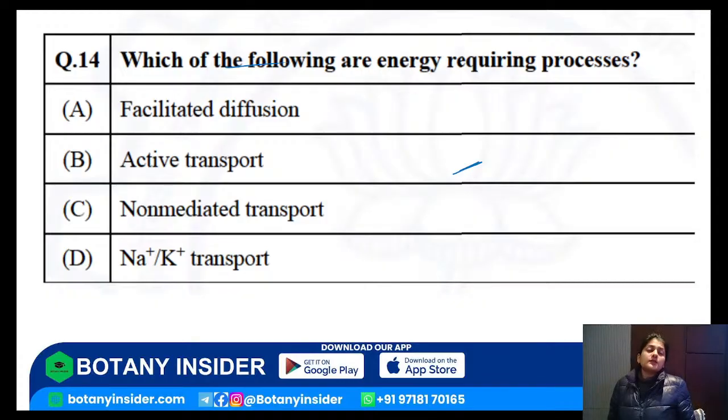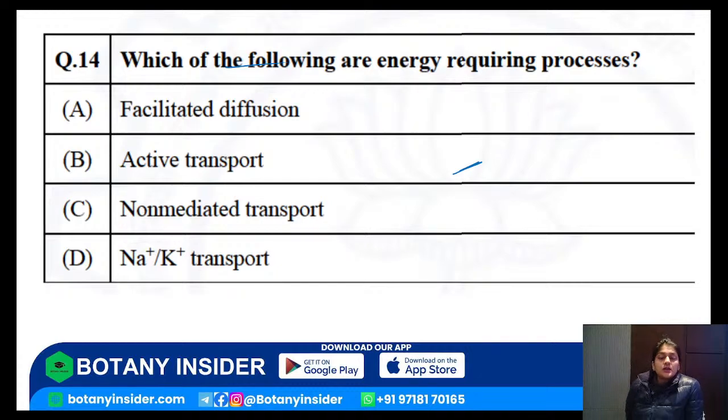Next question, which of the following are energy requiring processes? So it is a multiple select question. Sodium potassium transport, non-mediated transport, active transport, and facilitated diffusion. What is the answer for this? Which of the following are energy requiring processes?